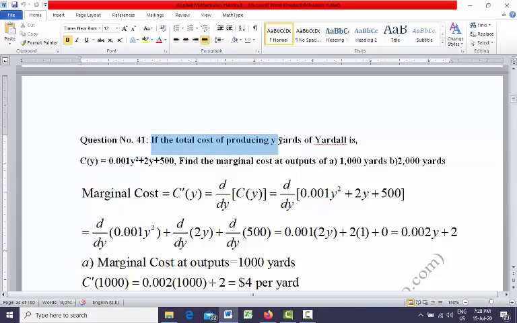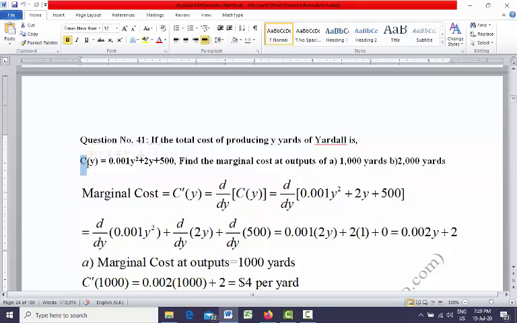if the total cost of producing y yards of yardol is a particular product, as I said before, the function can have different names.